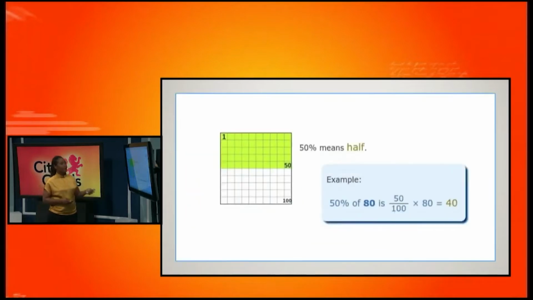Great. What about 50%? 50%, remember, we just looked at that previously. It's a half. Therefore, a half of 100 is 50. So to represent 50% as a fraction, it's really 50 out of 100. And of course, as we progress, you'll realize that we can simplify 50/100ths. You don't have to write it like that.